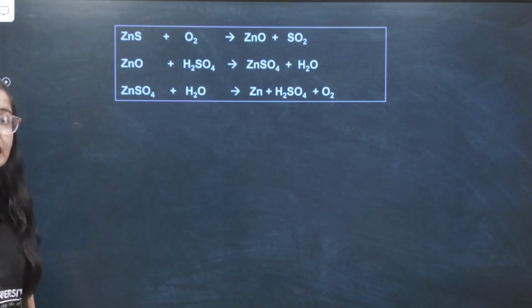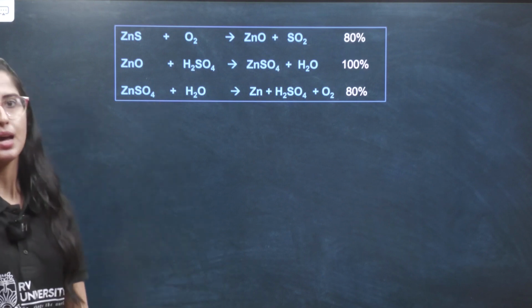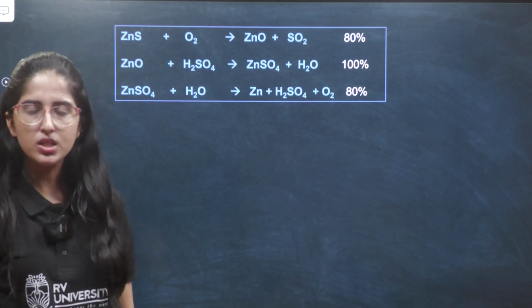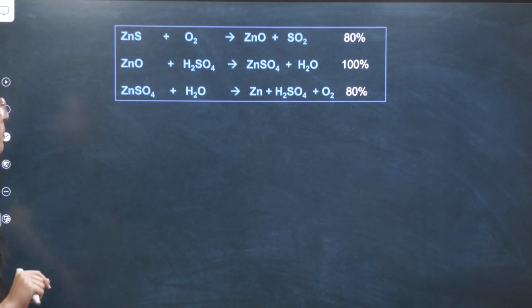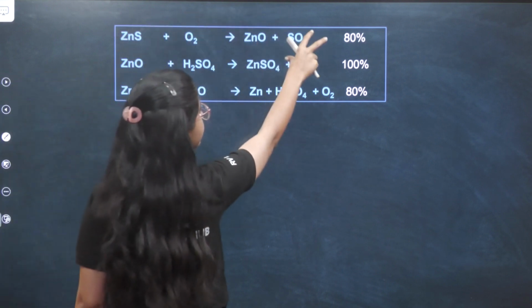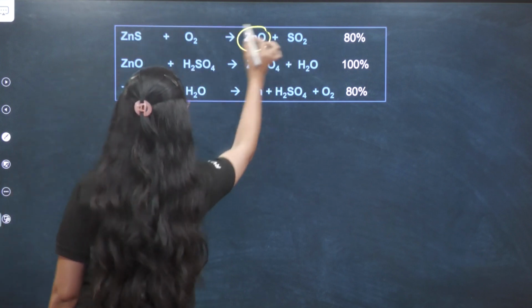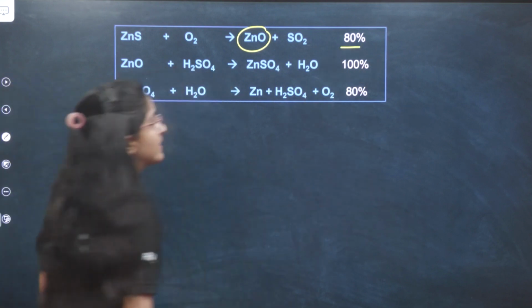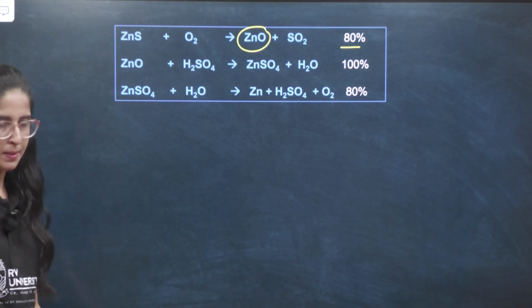If the yield is not 100%, let's say yield is given in the examination, it is a high level question, the kind of miscellaneous questions that will be asked. In this type of question, see here: in the first case, when you react, you must get 100% of ZnO, but you are getting only 80% yield. So now you have to calculate POAC for a single step.